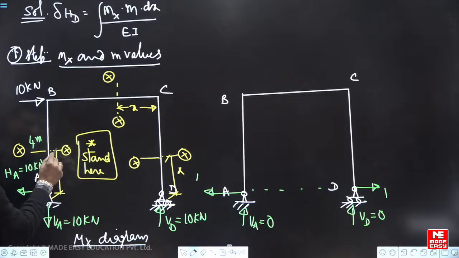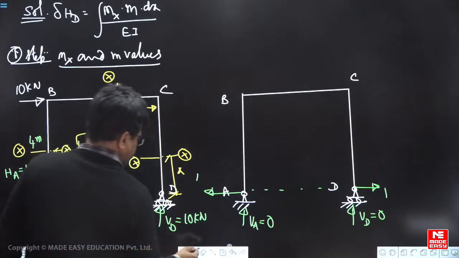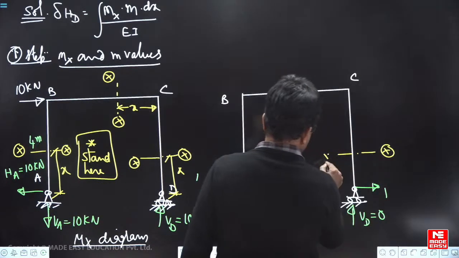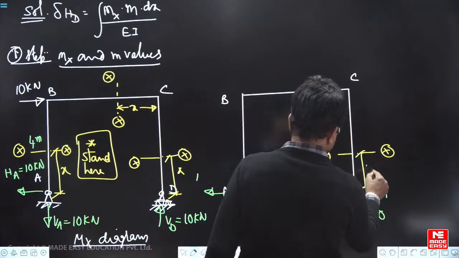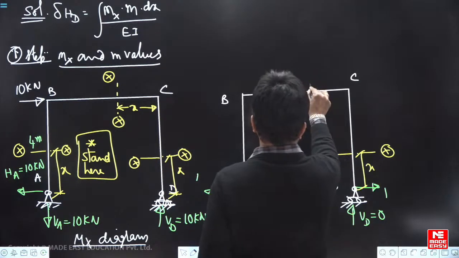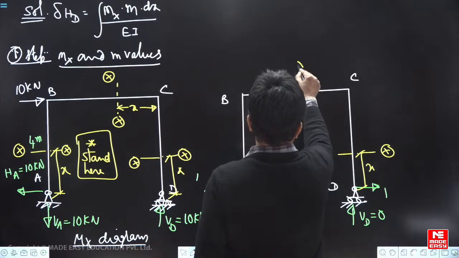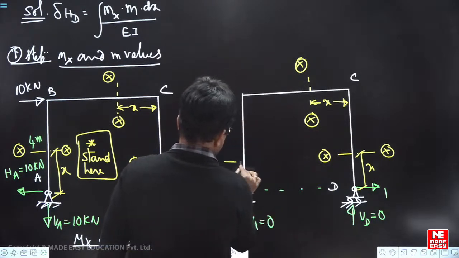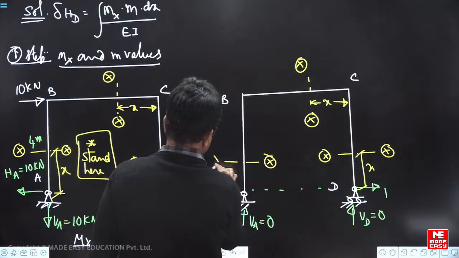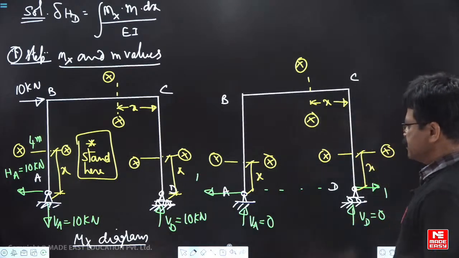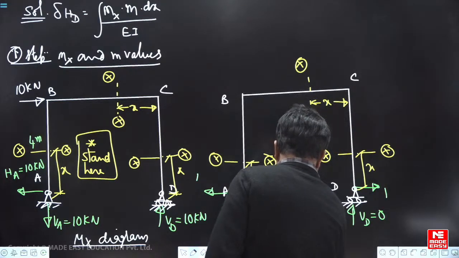Take x from here. Time will be saved for us. Same thing here. Take a section XX. Wherever you are taking a section in the MX diagram, here also same place you have to take it. This also section XX, let us say at a distance of x. Here also you stand here at a distance of x. So this is small m diagram.